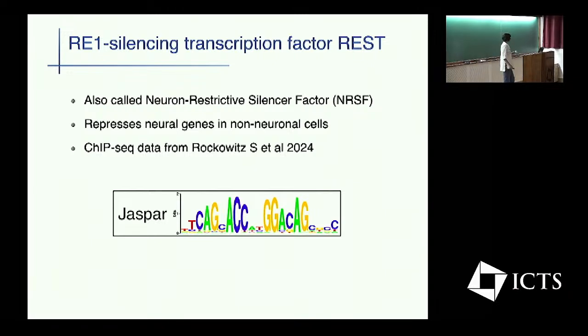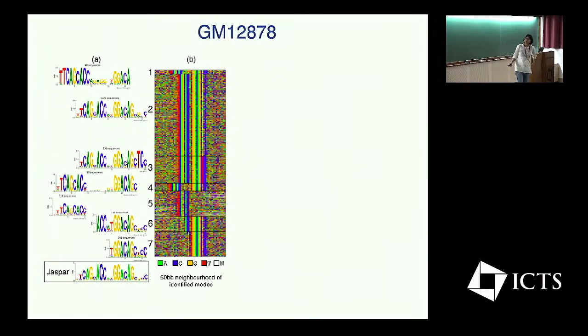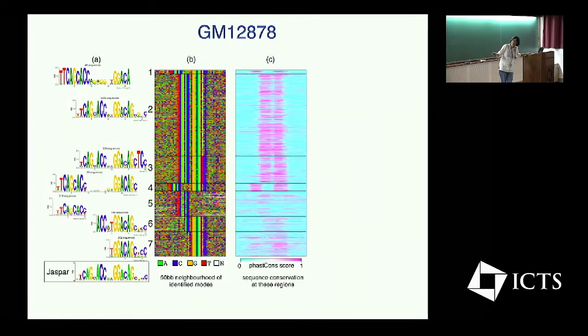When we apply diversity to a ChIP-seq data set for REST, we get these partitions. I don't know how well you can see it, but they are aligned afterwards. The alignment happens later, after the fact. So you get the different modes, and this is the canonical one, and then there are bits and pieces where things are slightly different. And now, once you have the different partitions, different modes, you can check what's going on at those different sites.